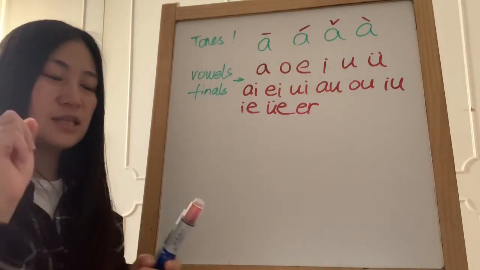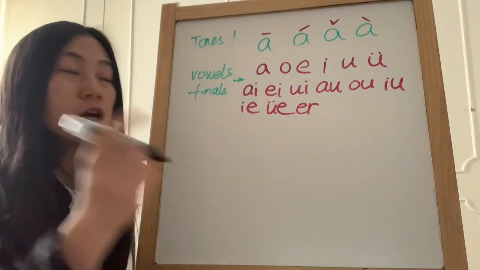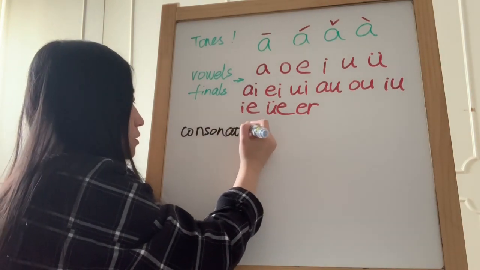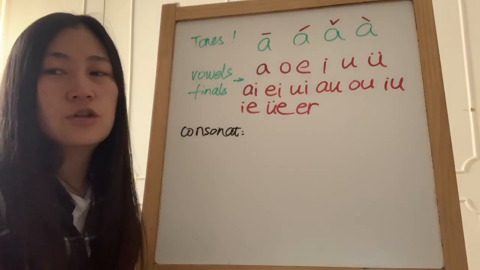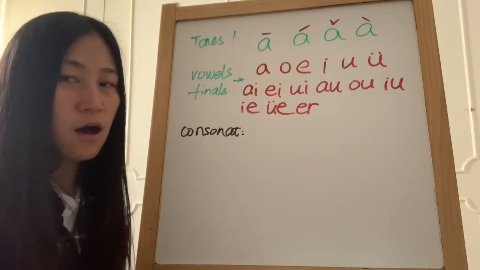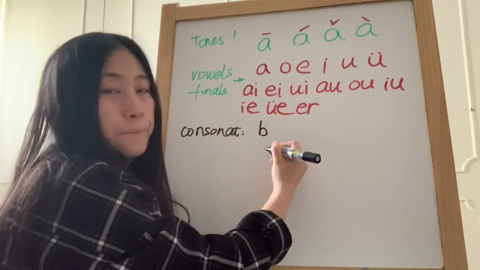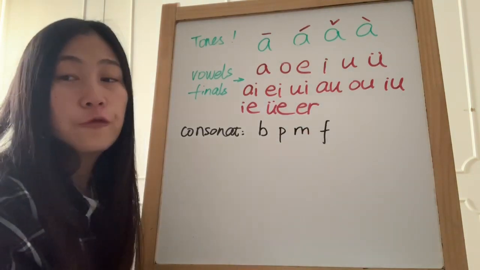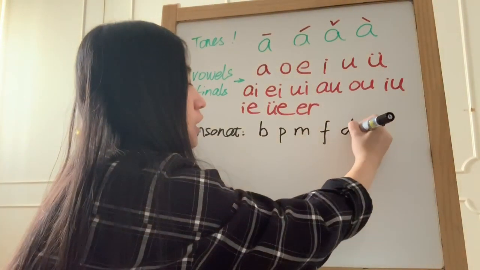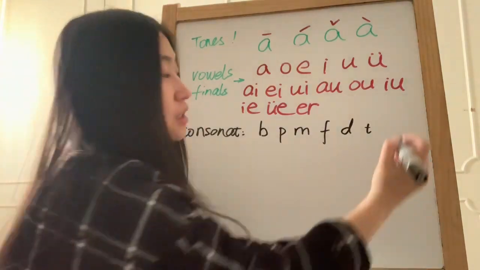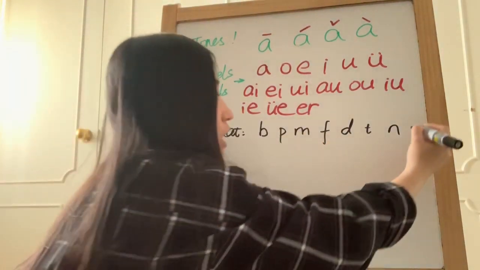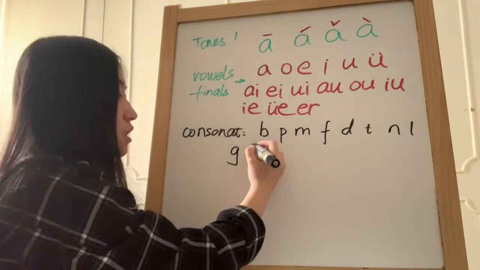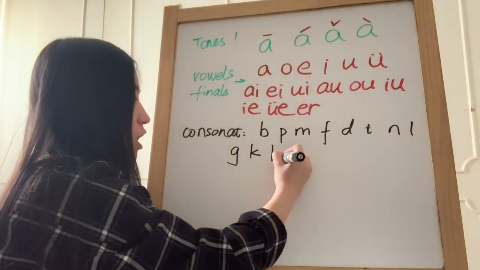And then comes our consonants. So the consonants that we learned last week, they are, remember? Bo, po, mo, fo, d, t, n, l, g, k, h.